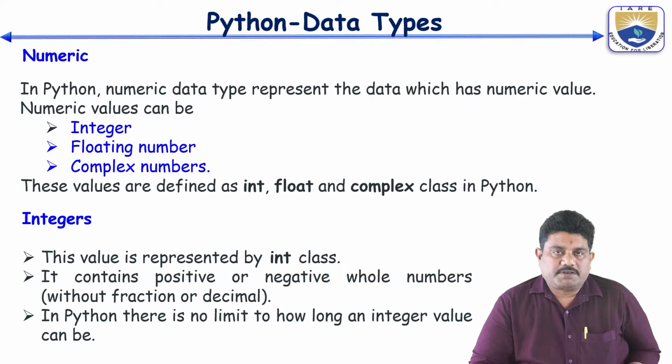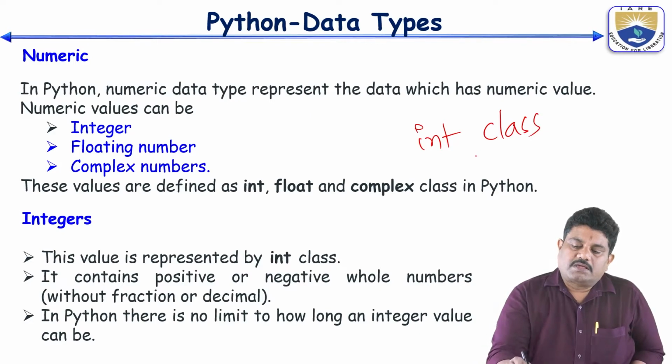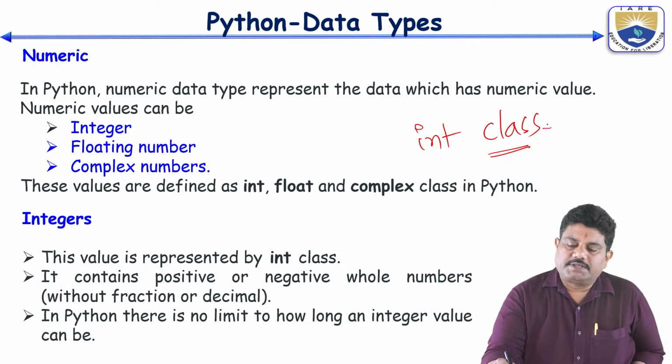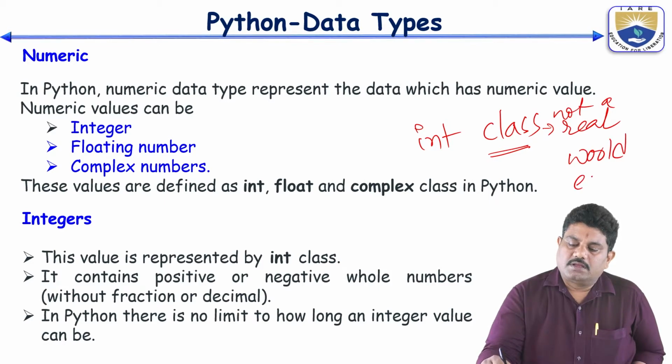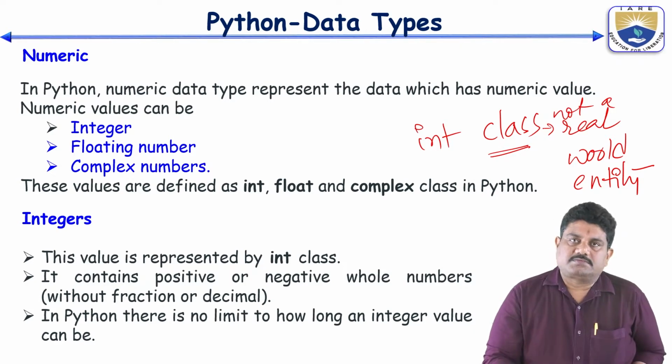This value is represented by the int class. A class is nothing but a design concept of an object. It is not a real world entity. It means a class actually does not exist.